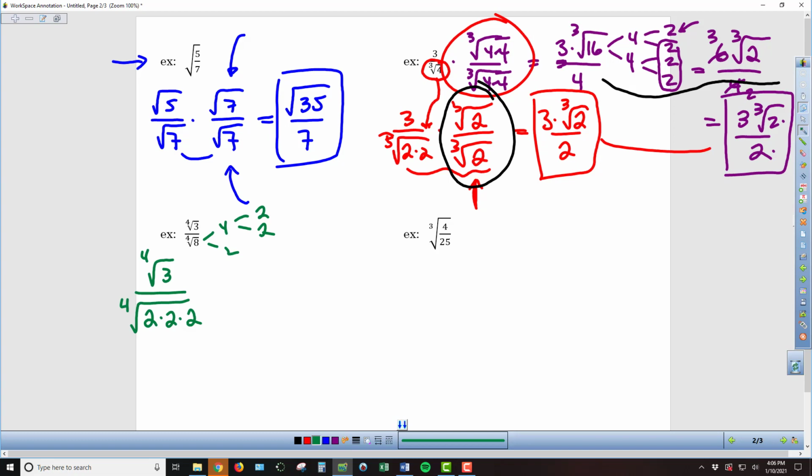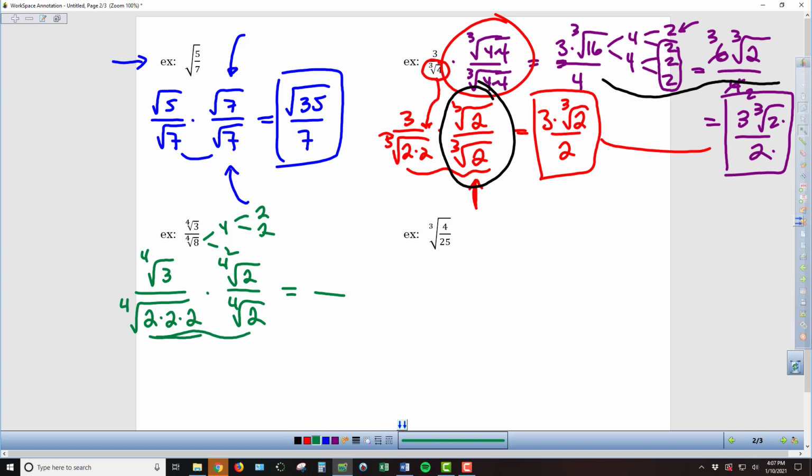And so now we can look at that and realize we don't need 3 more 8s, we just need 1 more 2 to complete a set of 4 2's to match the root. So I'm going to multiply the top and bottom by the 4th root of 2. And so that then gives me the set of 4 that I need to have.